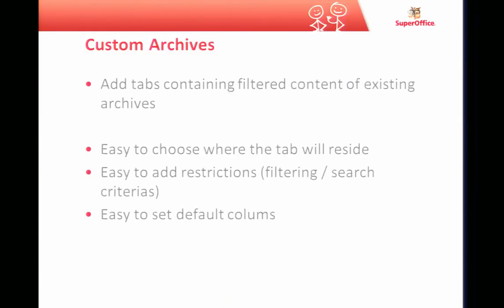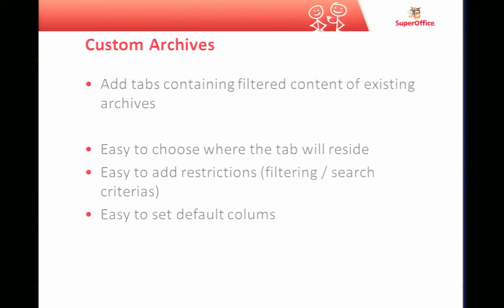It's simply just a way to manipulate the way SuperOffice looks a little bit. And you don't program anything, you just use the archives and functions that are there. And you just make sure that they are presented once again, but with a filter. So you can add tabs containing filtered content.